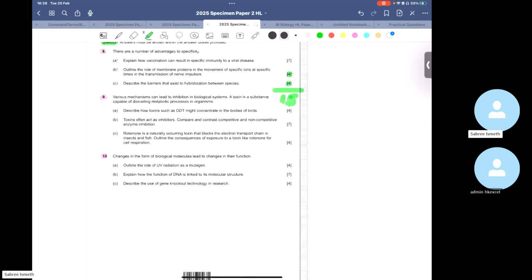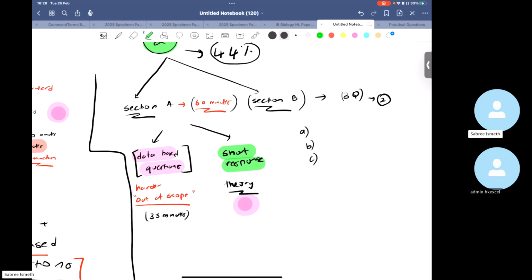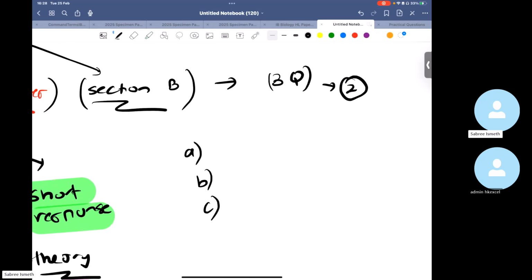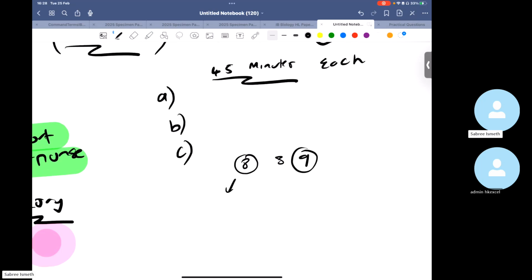And you need to answer 2 out of 3. For each of these questions, I tell my students to essentially give 45 minutes each. That's why this part is longer for each of these questions. So let's say you will be doing question numbers 8 and 9. You'll spend 45 minutes each: 30 minutes doing the question itself and 15 minutes checking whether you have answered all of them.